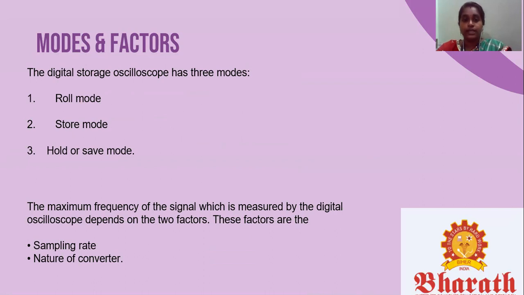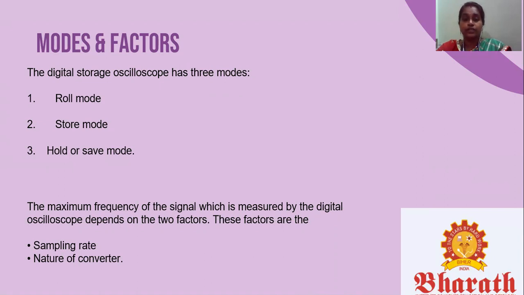The input signal is applied to the amplifier and attenuator section. The oscilloscope uses some type of amplifier and attenuation circuitry as used in the conventional oscilloscope. The attenuated signal is then applied to the vertical amplifier. To digitize the analog signal, an analog to digital converter is used.